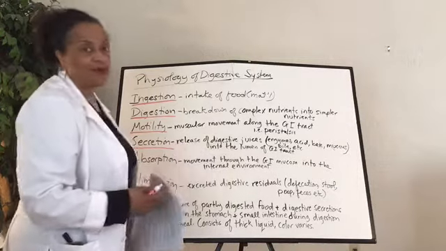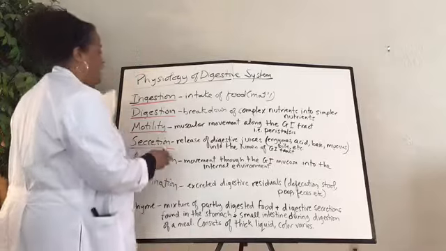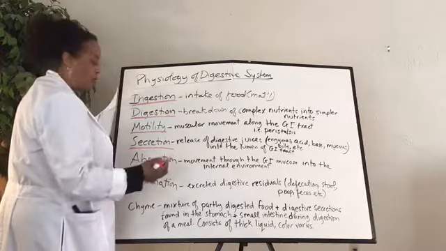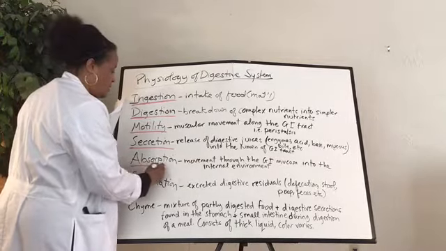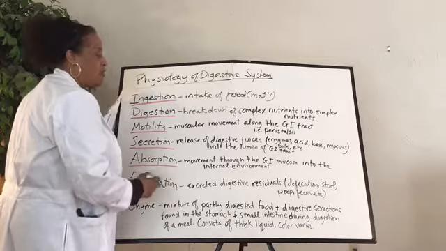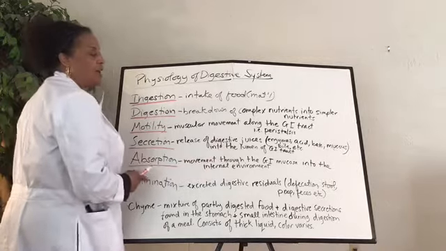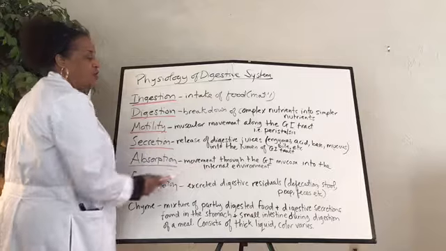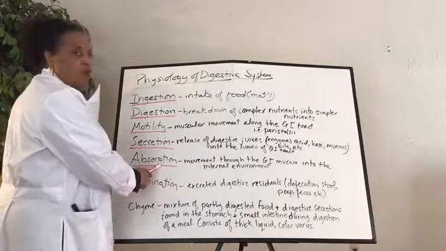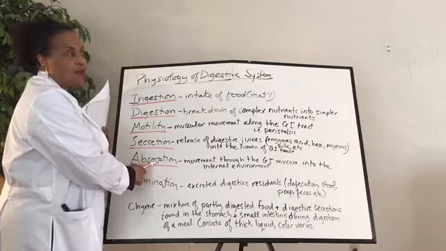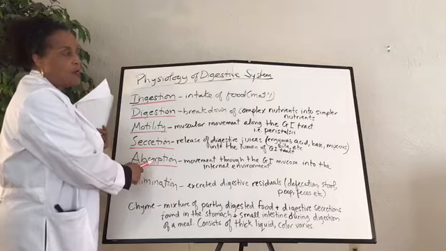In this case, this would end up going into the toilet. So absorption is the movement through the GI mucosa into the internal environment. This is when you absorb your vitamins and your minerals.